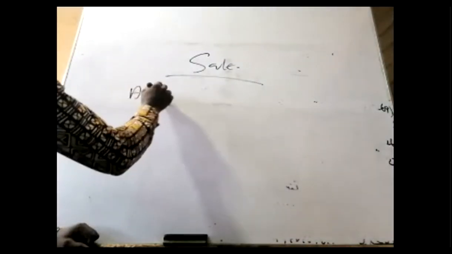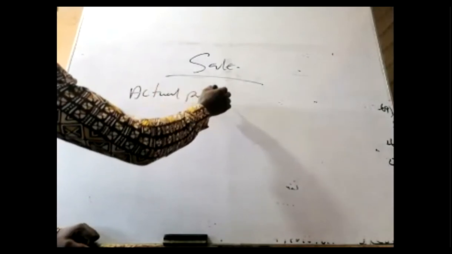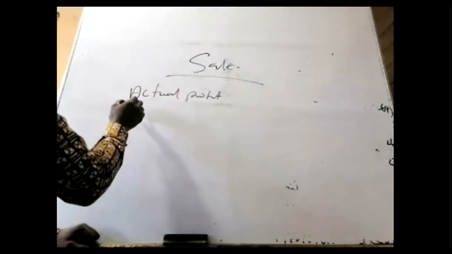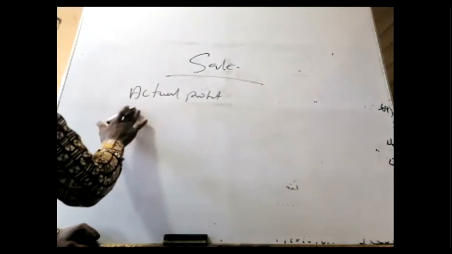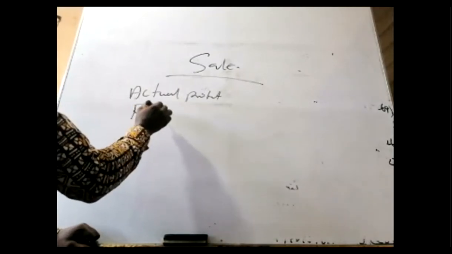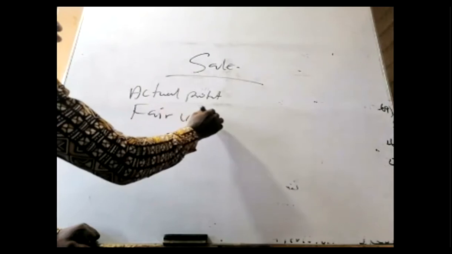So actual profit. I'll calculate this as what? Which is equal to the fair value. So actual profit. So entries that need to be made. Actual profit, fair value range, right?